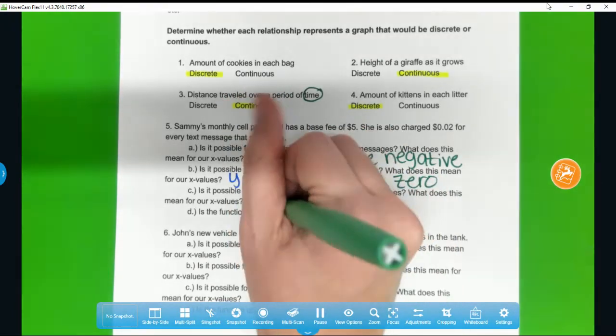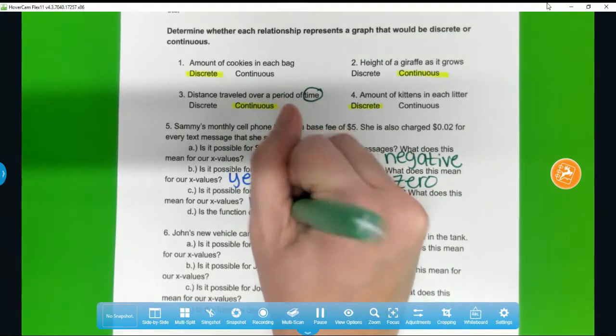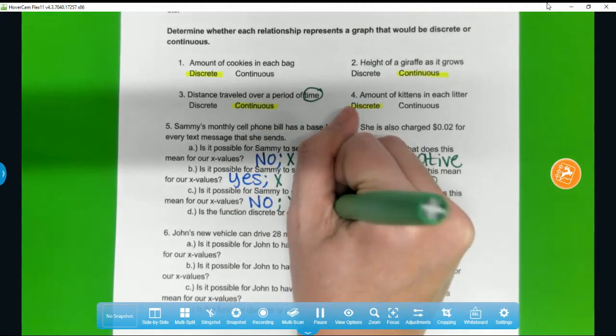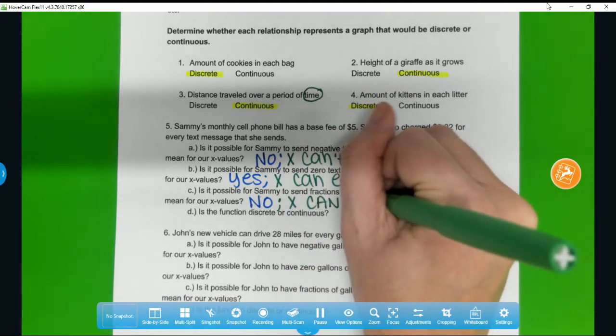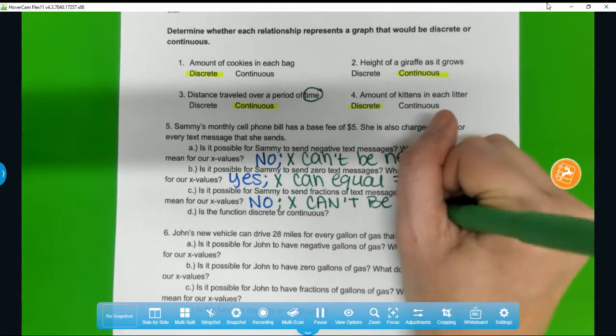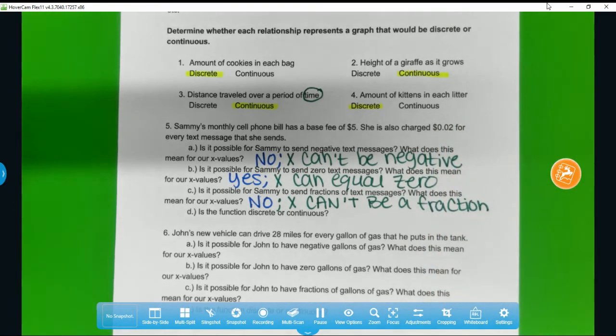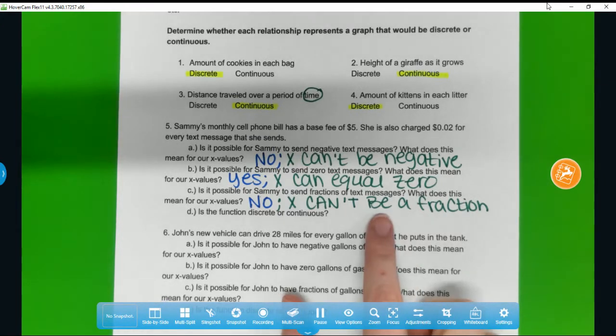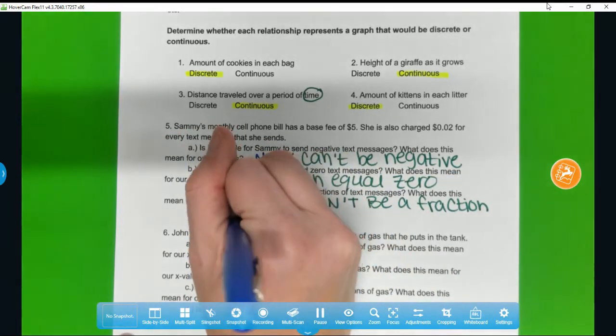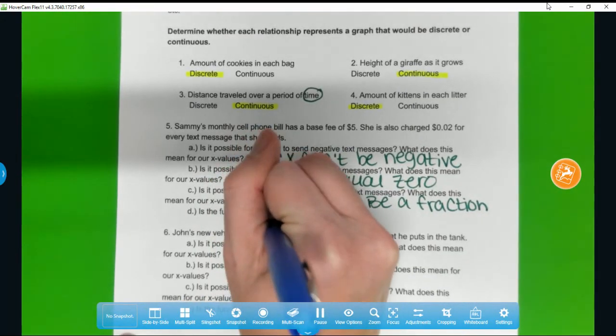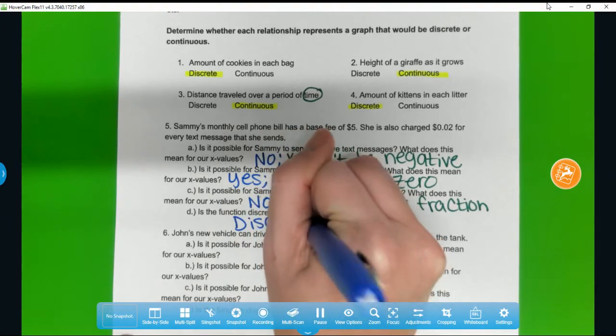So what does this mean for our x values? X can't be a fraction. Okay, so is this function discrete or continuous? Since we can't have fractions and we're talking about text messages, this function is going to be discrete because I can count the number of text messages I send.